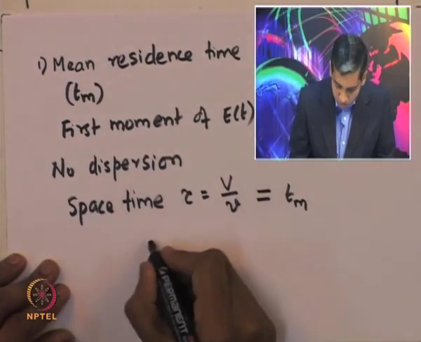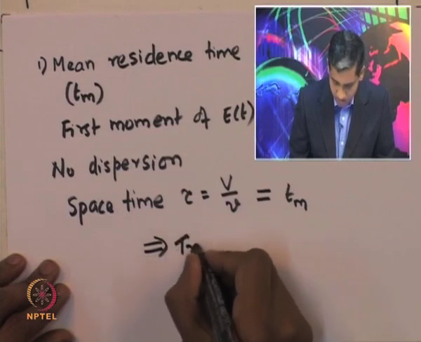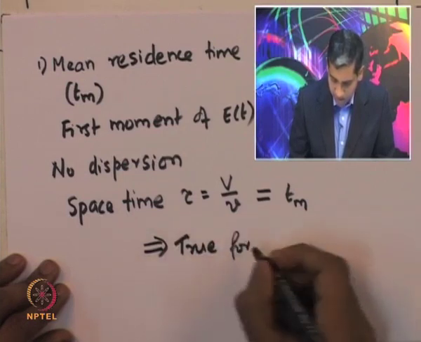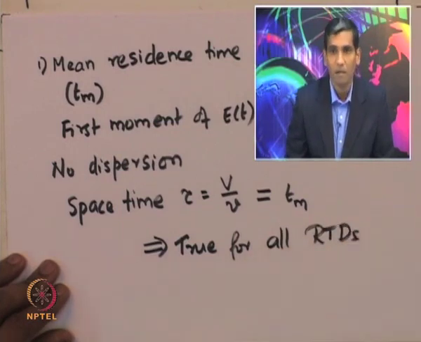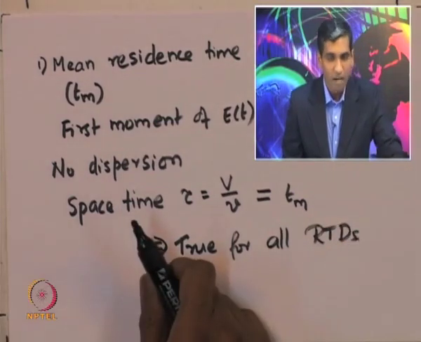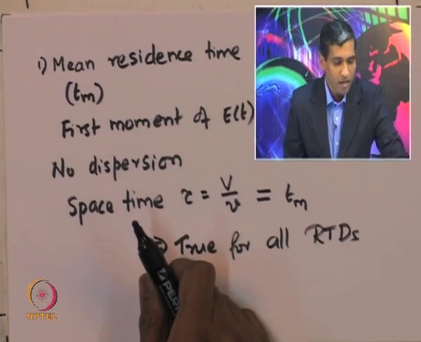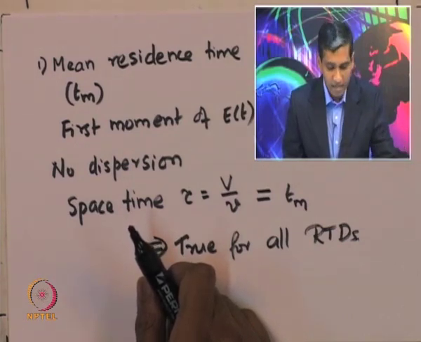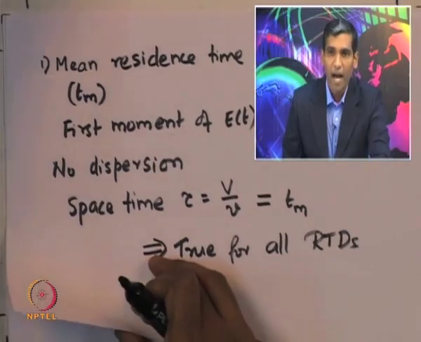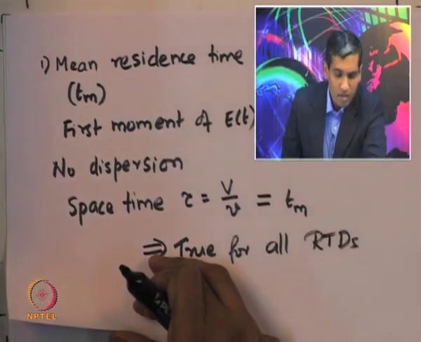This is true for all RTDs, all residence time distributions, irrespective of the type of reactor, as long as the dispersion is absent.